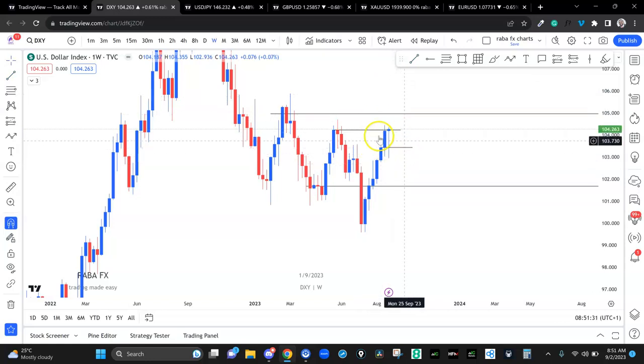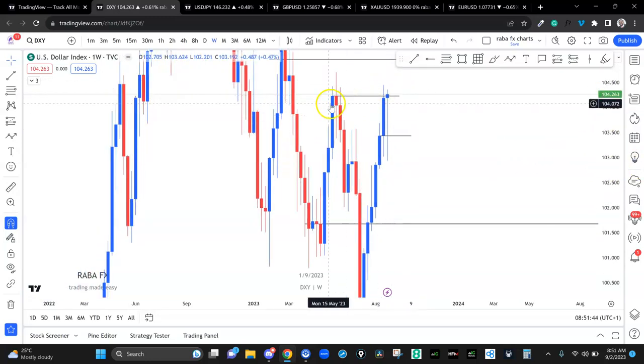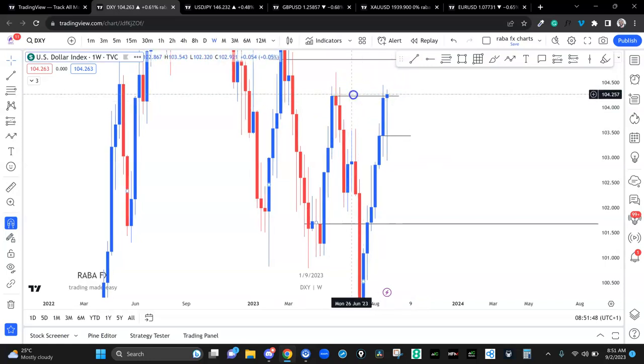This week that just ended, price came into this opening price and then rejected, and now it is challenging this to create a close above that. I think price closed above that level. Yeah, we have a close above that level, so this level is not significant to us again.